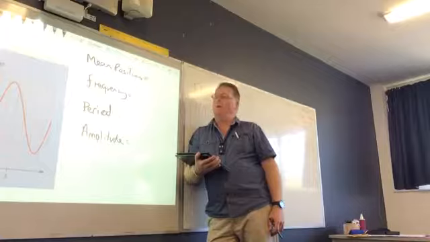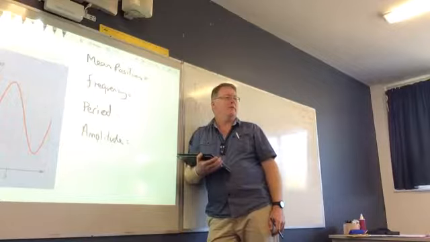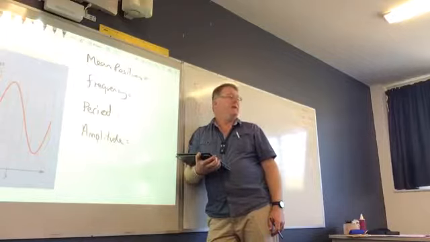So where's the highest point on this graph? Good. 10. So what's halfway between 10 and 50? 30. How do you find halfway between two numbers? Add them up, divide by 2.